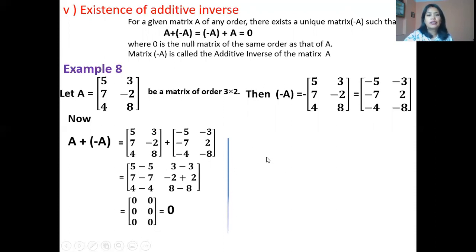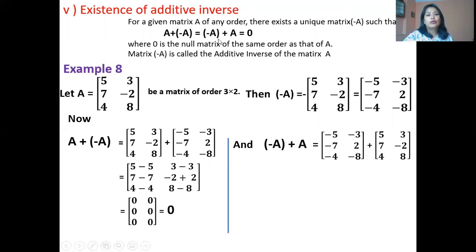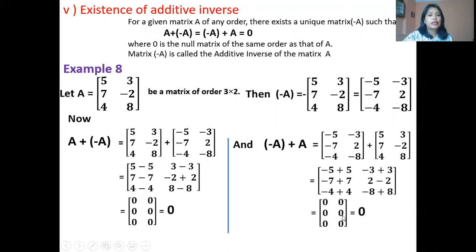To verify it again, let's work with the middle part here, minus A plus A. That is, matrix minus A and A are getting added here. Their corresponding elements will get added like this. The result is here. It is again a null matrix, and the null matrix is of the same order as that of A. So here are the 2 lines mentioned; I am reading it here.